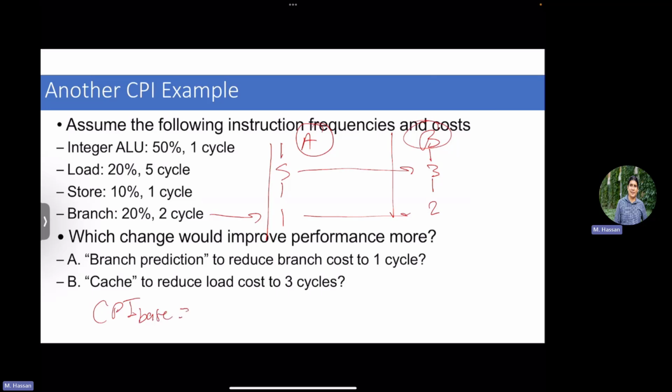So if you calculate the CPI for the baseline, what you will do is say, well, I have 50% of instructions that will take 1 cycle, 20% will take 5, 10% will take 1, and 20% will take 2, right? This gives you 0.5. This is what?